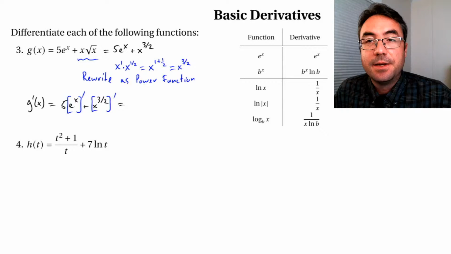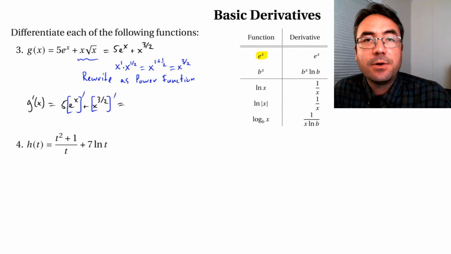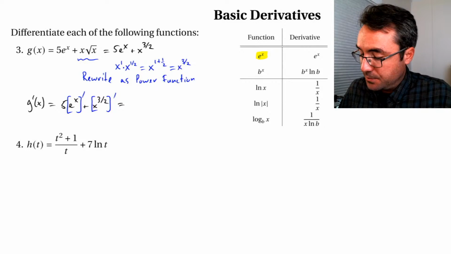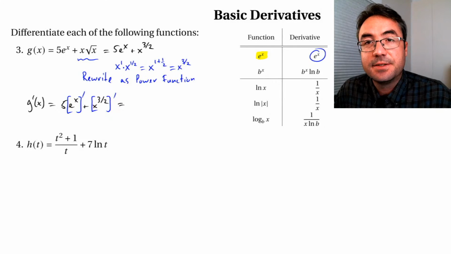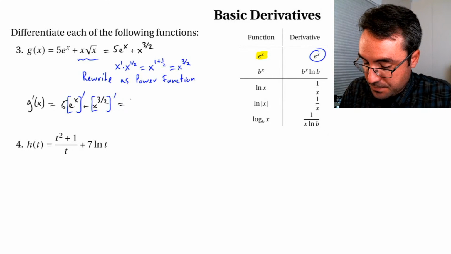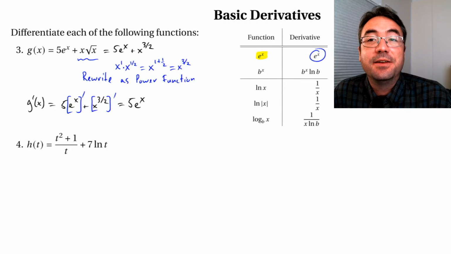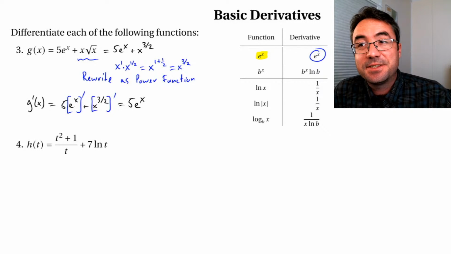So e to the x. What is the derivative of e to the x? We go to our table. Derivative of e to the x we see is, very nicely, same thing, e to the x. So it doesn't look like you did anything there, but you actually did. So derivative of 5e to the x is 5e to the x.